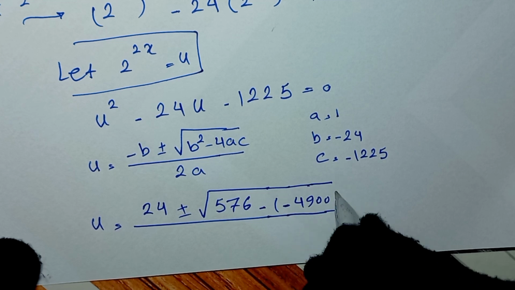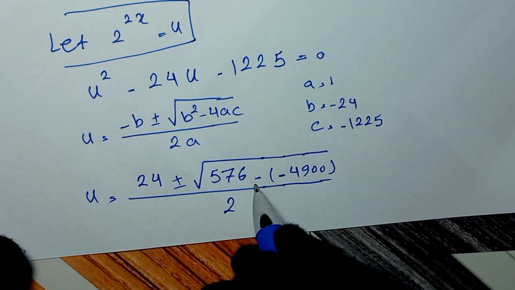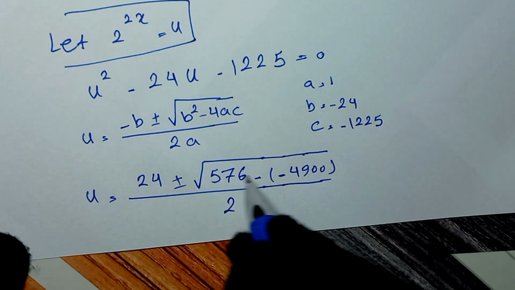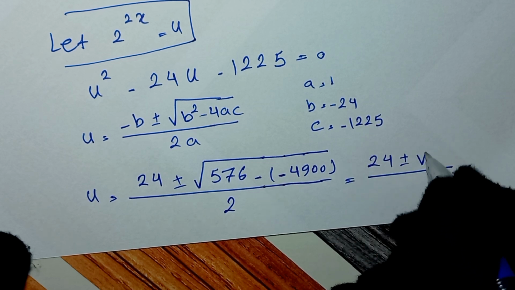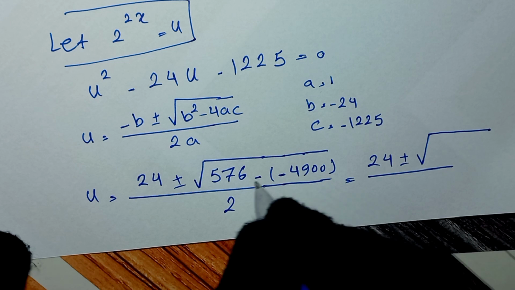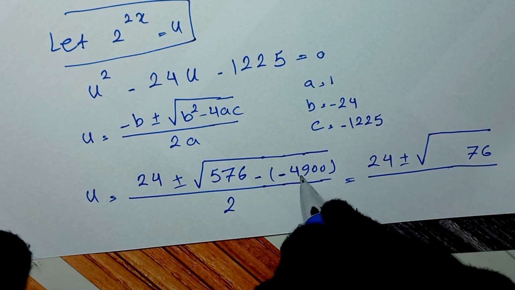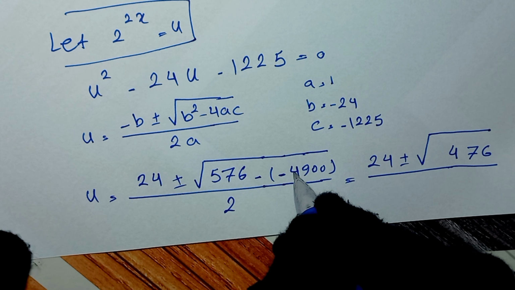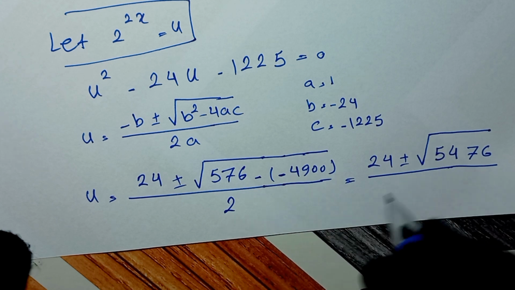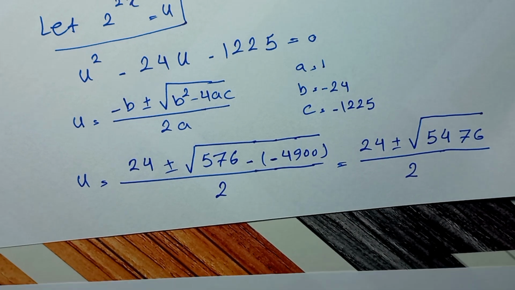And over 2a. And from here, this negative times this negative will be positive, so this plus this, it will be 24 plus or minus square root of 5476, and over 2.